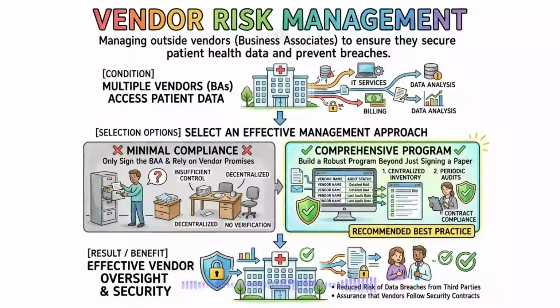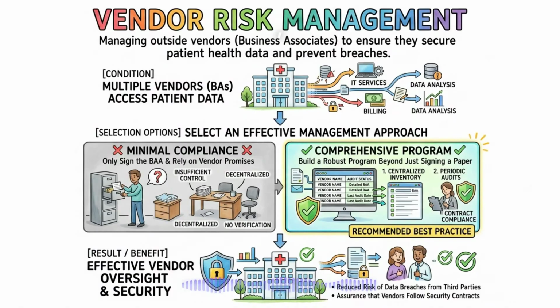Managing external vendors is a major administrative challenge that falls under the Privacy Office. As we learned in the first section, organizations must have business associate agreements in place. But administration goes far beyond just signing a paper.